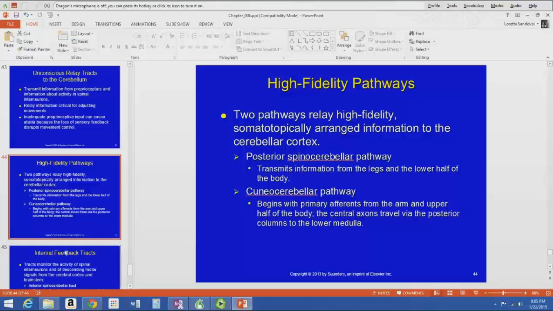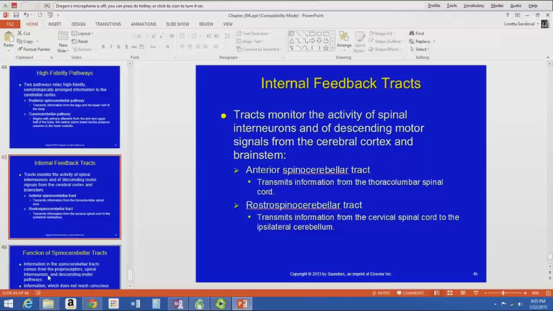So we also have internal feedback tracts. We have those two high fidelity pathways, the posterior spinocerebellar and the cuneocerebellar pathway, from the cuneate, which is right next to the dorsal column, in the posterior column. The internal feedback tracts monitor the activity of spinal interneurons and descending motor signals from the cerebral cortex and the brainstem.